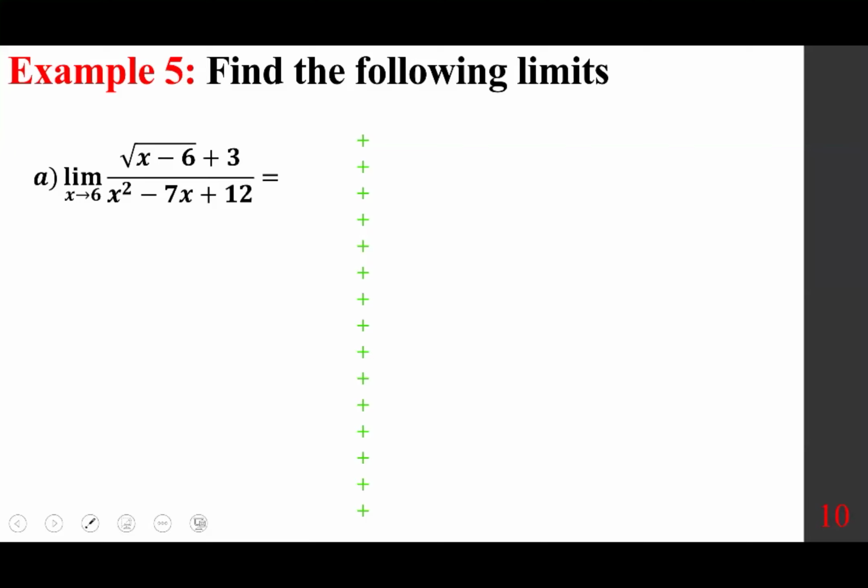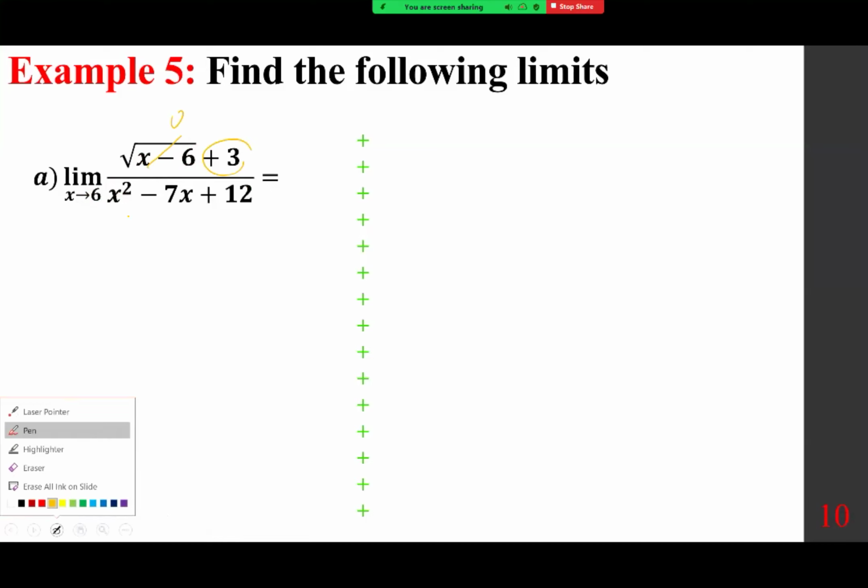All right, we are going to evaluate this. When we plug in, we get 6 minus 6 plus 3, and this goes to 0. But we have 3 in the numerator. This is squared, 36, right? 6 squared is 36, minus 7 times 6, 42, plus 12.